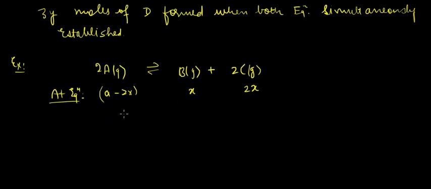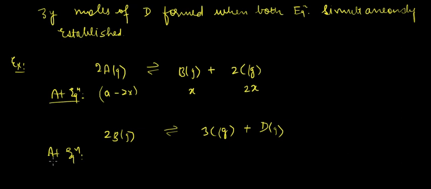Now simultaneously in the same vessel another equilibrium is establishing in which 2 moles of B get dissociated into 3 moles of C and 1 mole of D. So now at equilibrium, from the X moles which were initially present from the first equilibrium, let's say 2Y moles of B dissociated to form 3Y moles of C and Y moles of D. So moles of B at this equilibrium is X minus 2Y, and we have to reflect it here also to have consistency in the same vessel.